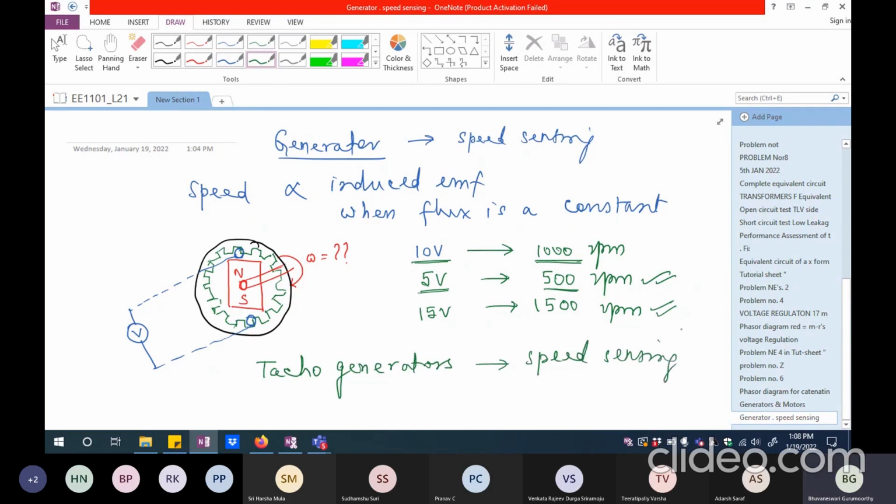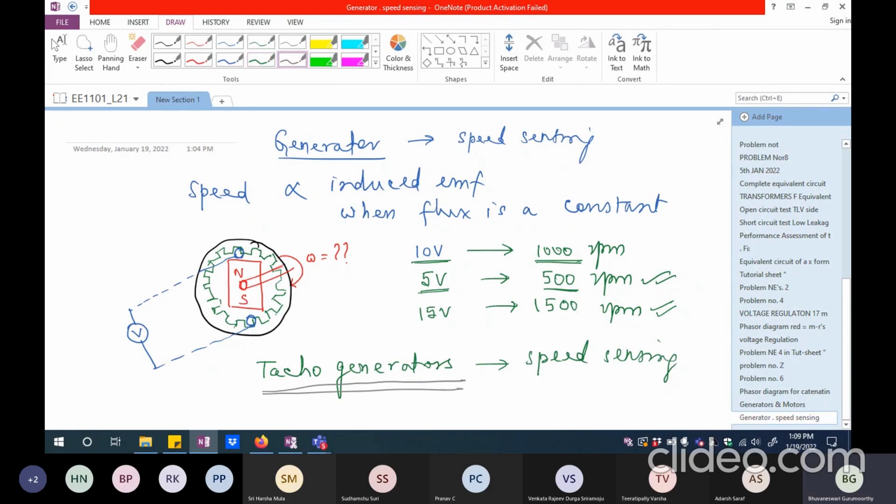For example, a printing press, a steel rolling mill, a cement mill, or even an electric vehicle. I can get the speed by making use of a tacho generator. So tacho generators are very, very commonly used for speed sensing.